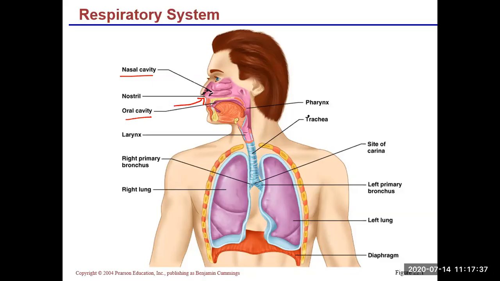Now the air will continue going towards the pharynx, which is the throat area, and then enter the trachea. You can see the hyaline cartilage. Hyaline cartilage ensures that this airway is always open, because you want the flow of air in and out. So that's really important.